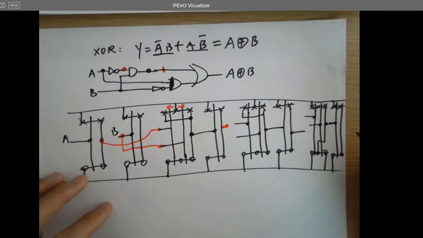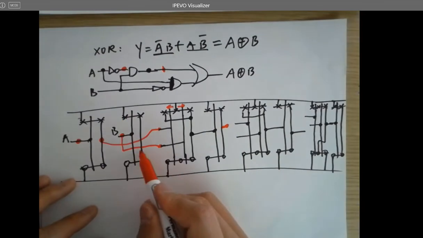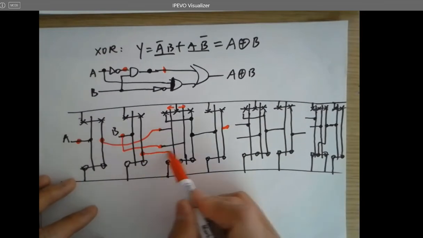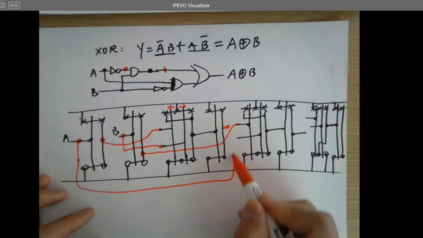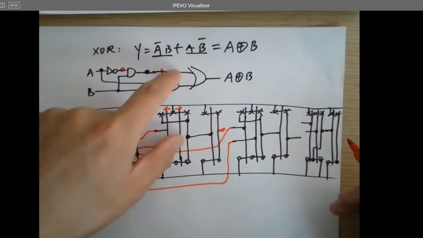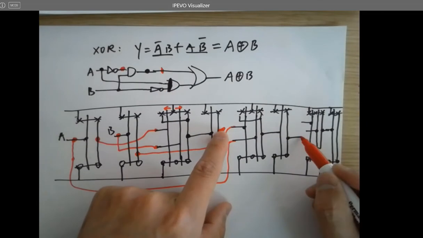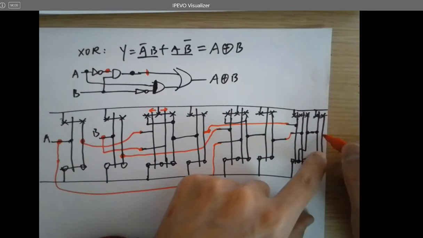And then you have A and B naught, right? So A is here, B naught is here, and you want to AND them together. And here's the output for this guy. So these two outputs are being ORed, and you get the output.